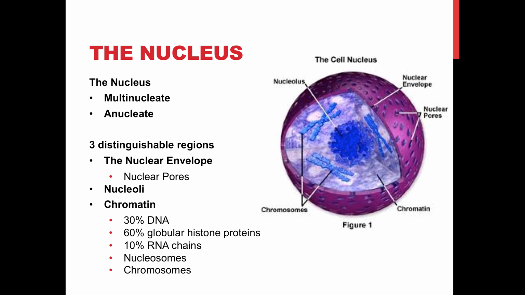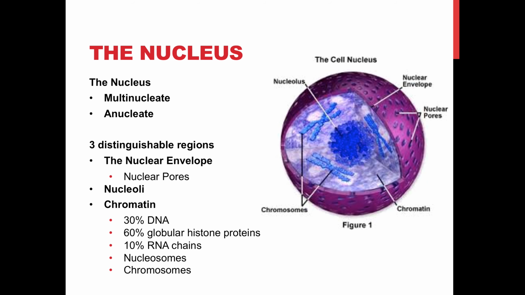Now, the way that it's able to dictate function of the cell is by reacting to certain hormones, which are fat-based, so they go through the plasma membrane of the cell, and then through the plasma membrane of the nucleus. These hormones and other triggers can cause the cell to make more of one type of protein or less of another.